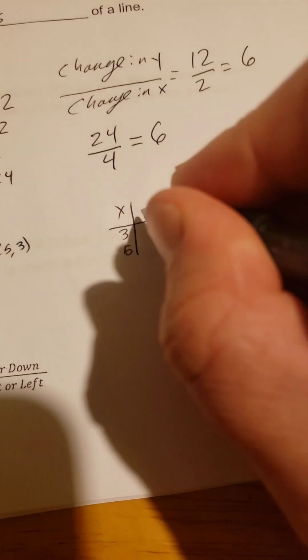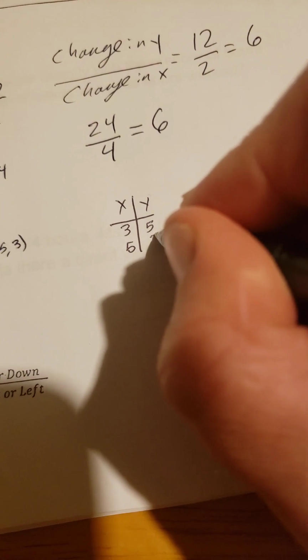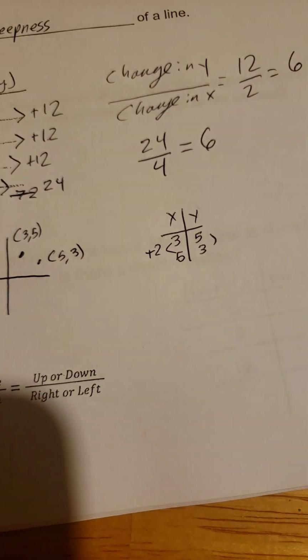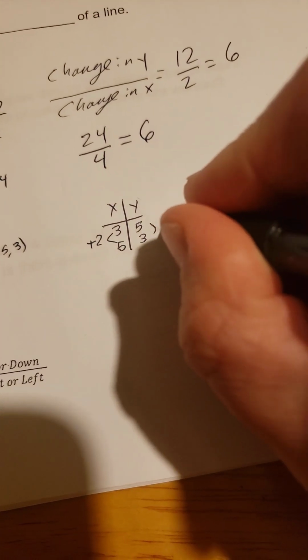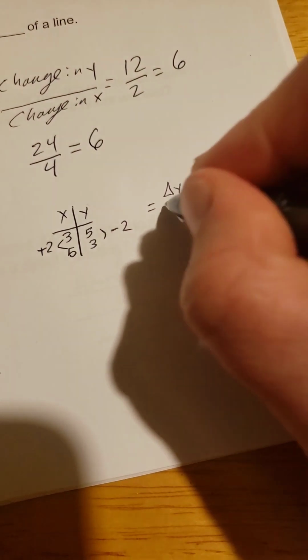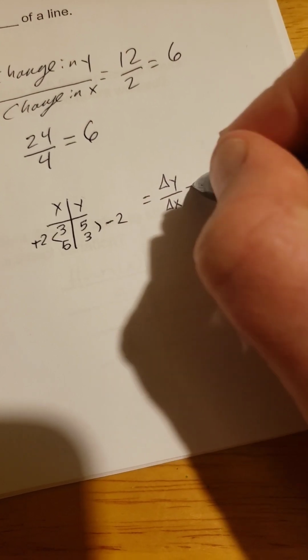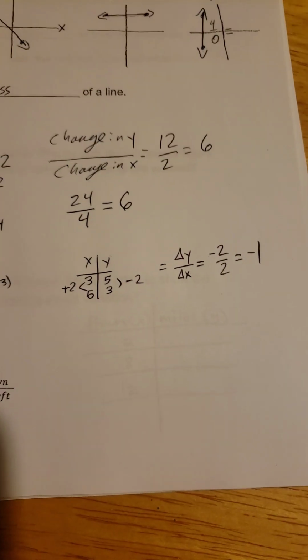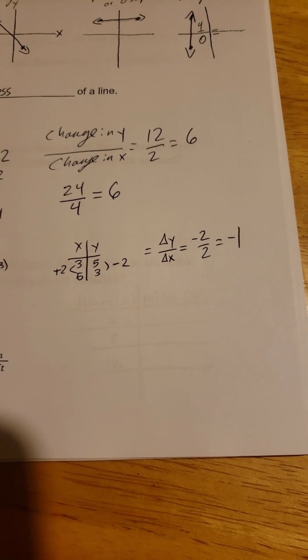My Y values are 5 and 3. Change in X is a positive 2. Change in Y is a negative 2. So change in Y over change in X is negative 2 over 2. So negative 1. And that's how I would do it from a graph.